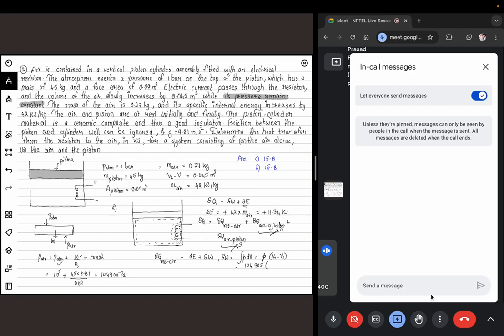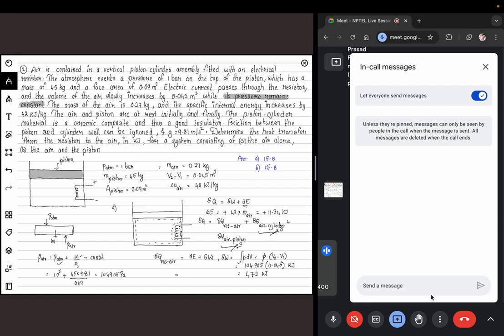I am directly taking it to be 0.045. This will be in kilojoule. So I am getting a value of around 4.72 kilojoule.